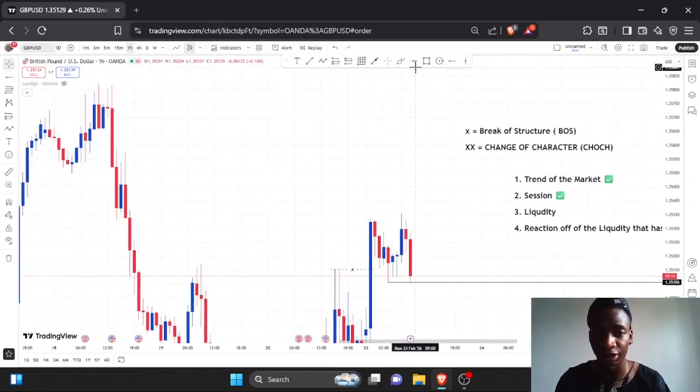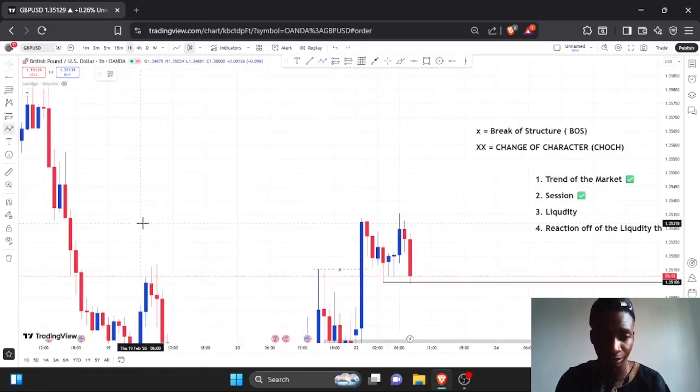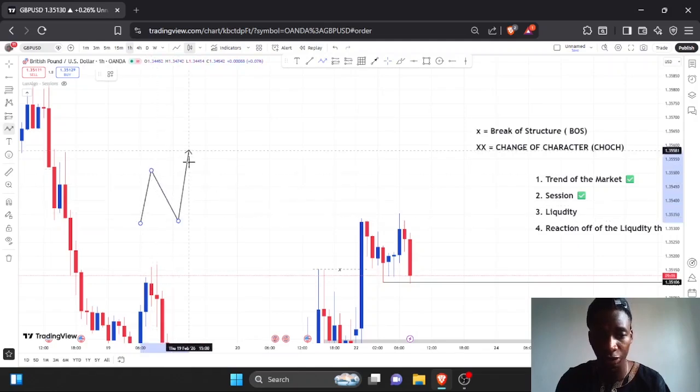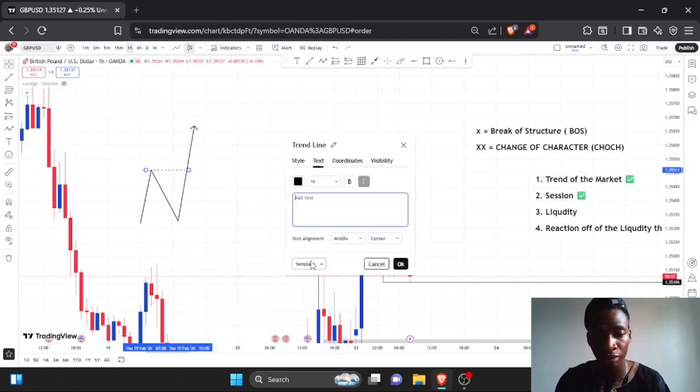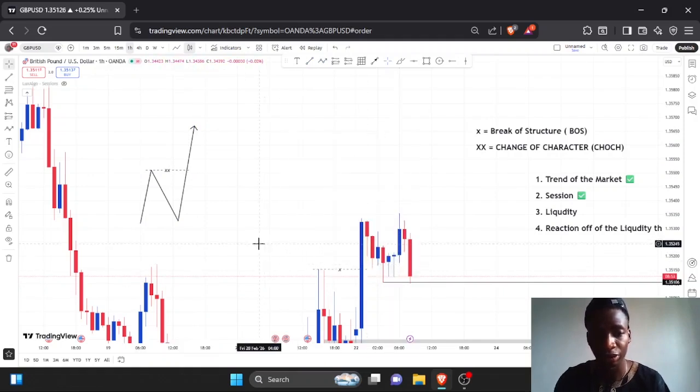The reaction that we're going to be looking at is we are going to go to the 3-minute time frame to look for what we call change of character. So you're waiting for the market to have a change of character, and that means a move to the upside, and we're going to enter from that point.